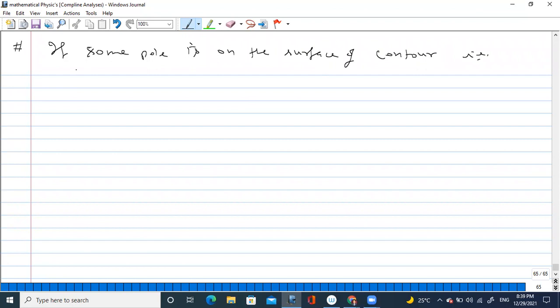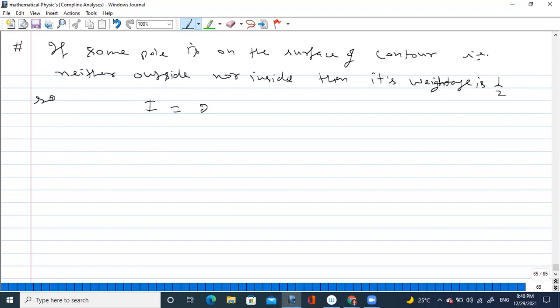So we cannot say that it is outside, and we cannot say that it is inside. So if some pole is on the surface of the contour, that is neither outside nor inside, then its weightage is half.